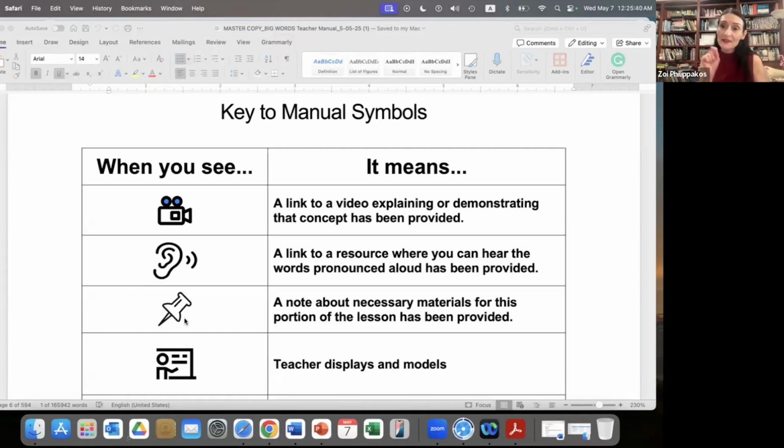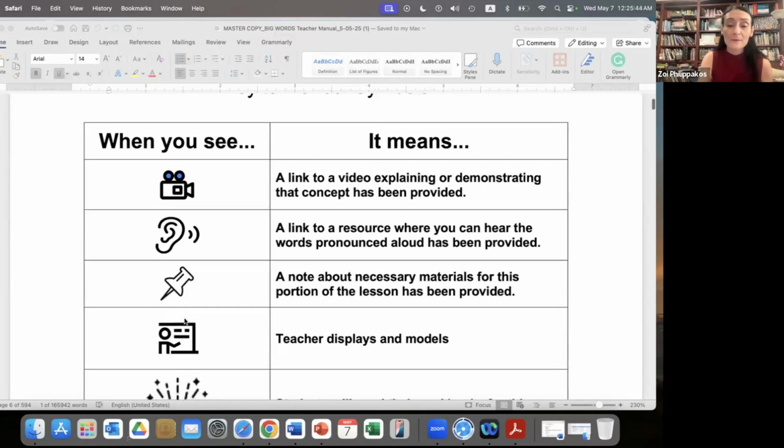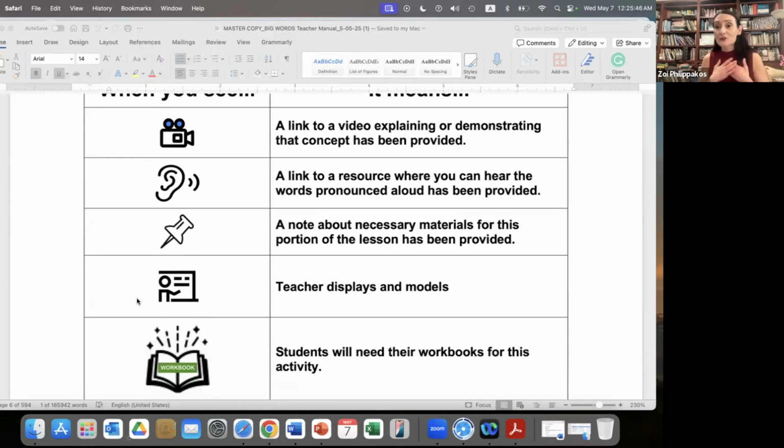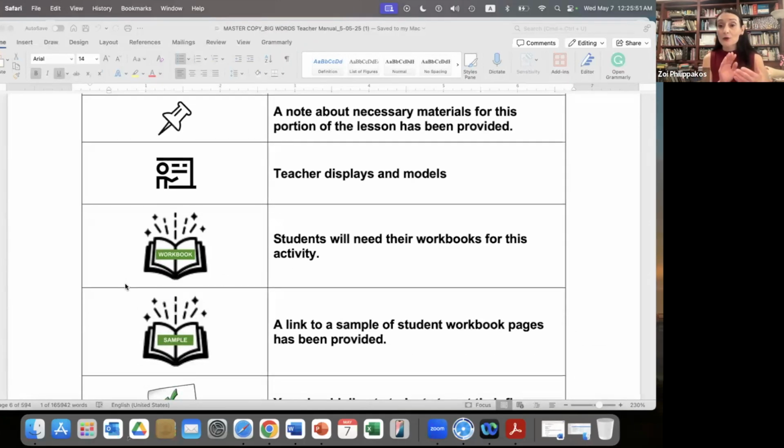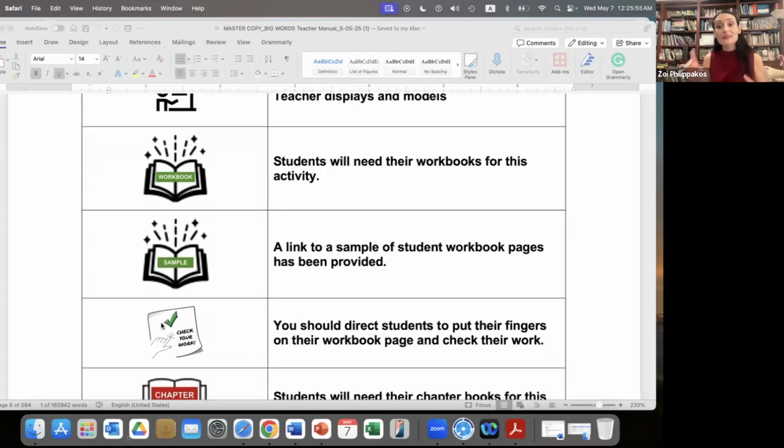If you see this pin, it means that's a note about necessary materials that you need to have. If you see this symbol, it means that the teacher is the one who displays and models. If you have this symbol, it means that you're working with their workbook. If you see this, it means that there is a link to a sample of student workbook pages.